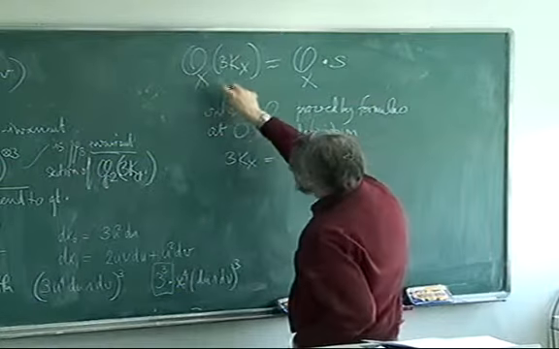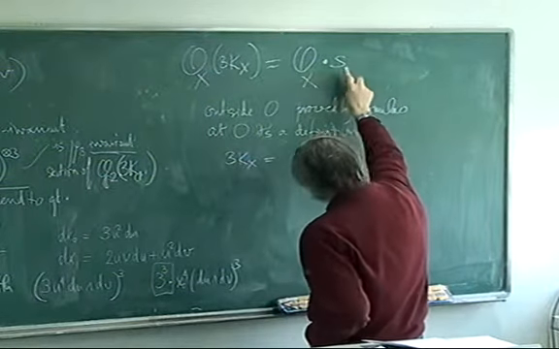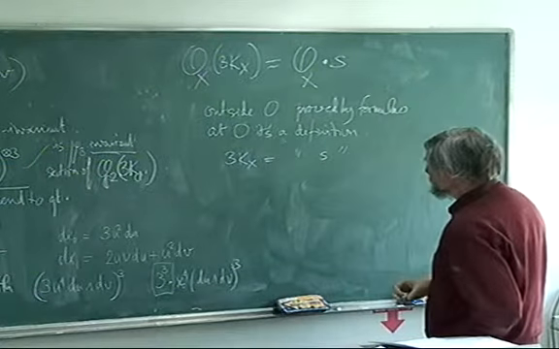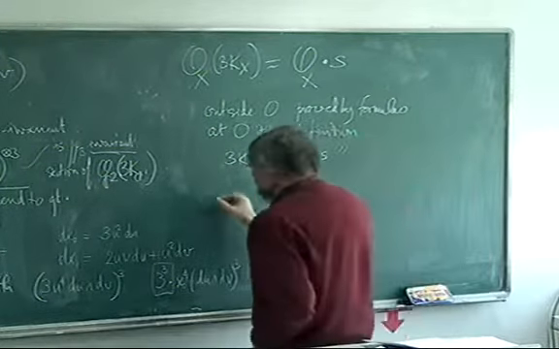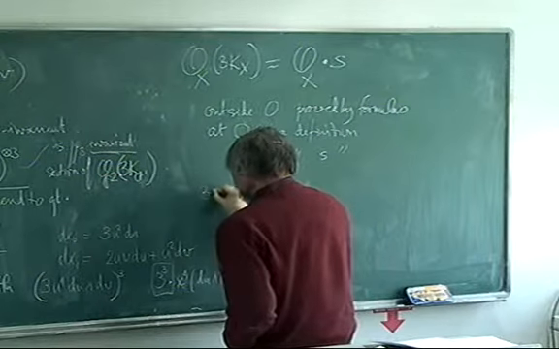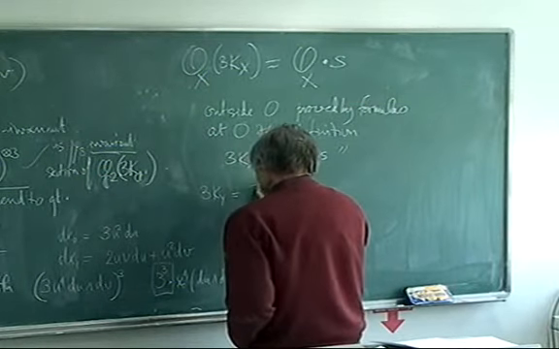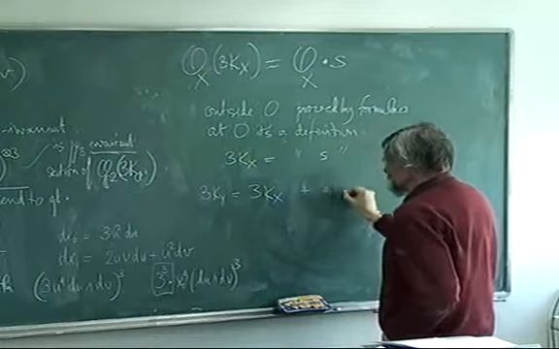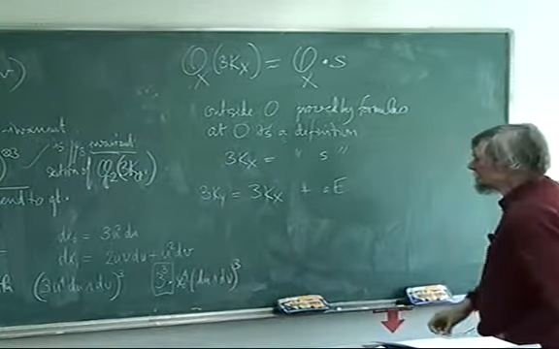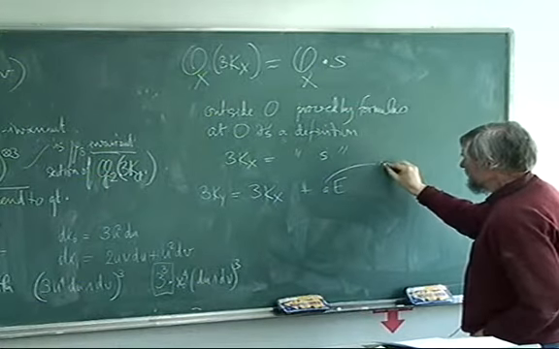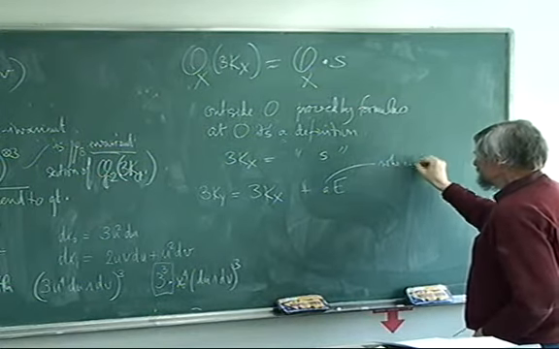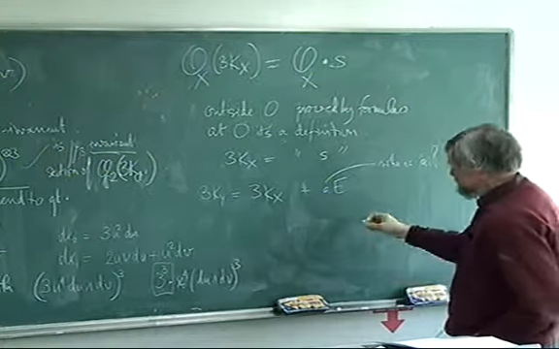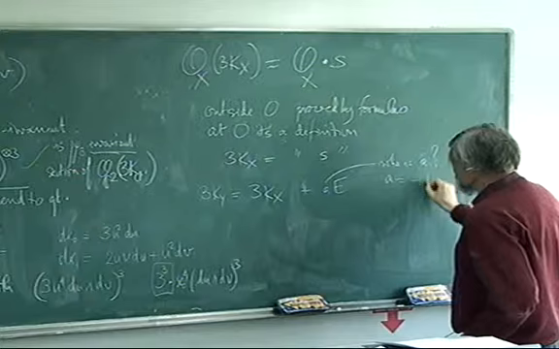The sheaf OX of 3kx is the sheaf generated by S. It's a locally free sheaf generated by S. Right? And so now it makes sense to say that 3ky is 3kx and then plus A times Z. Right? And the question is, who is A? Who is this A? And the answer is A is minus 1.